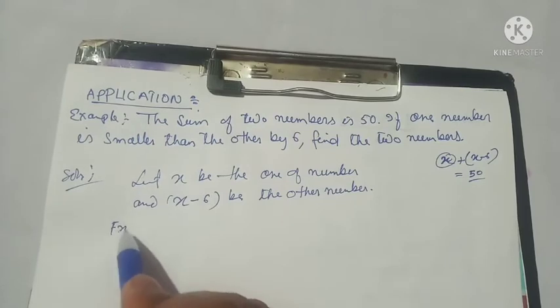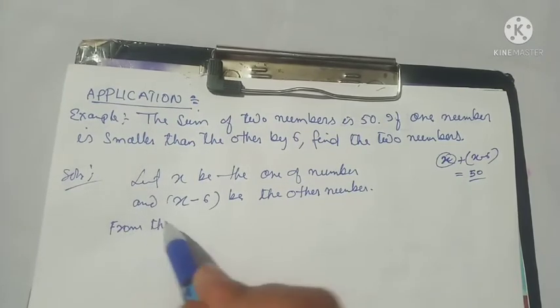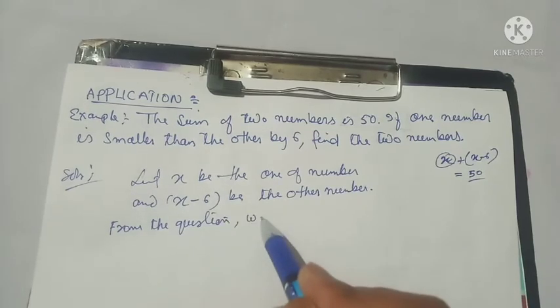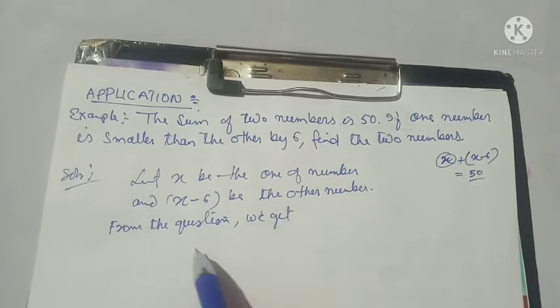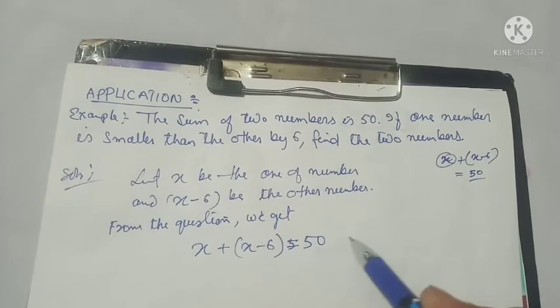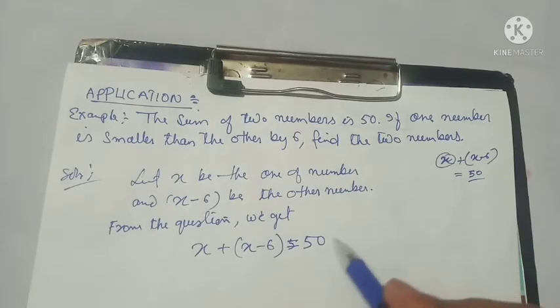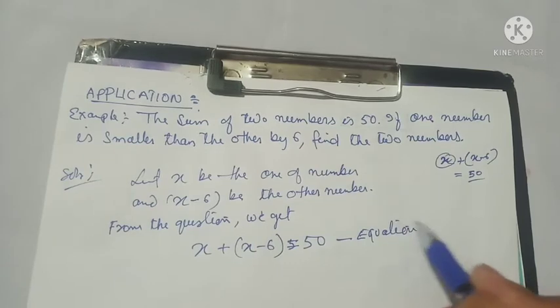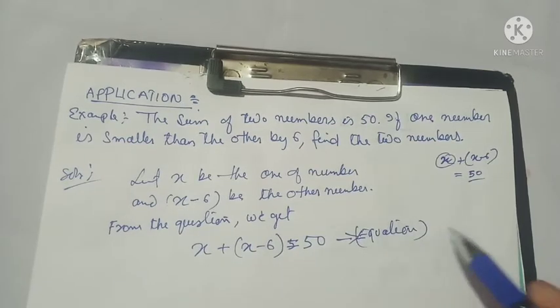From the above question, we get x plus x minus 6 equal to how much? 50. This is the equation. We are now forming the equation to find the answer.